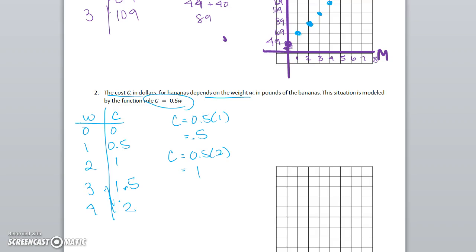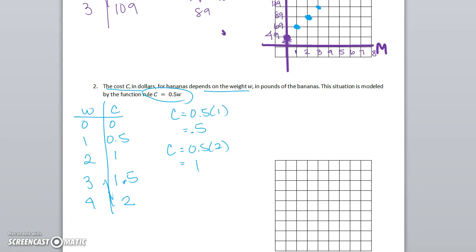So again, for this situation, because I can't deal with any negatives, I'm going to go ahead and make my first line right here. Oh, that's horrible. And again, this is your W, this is your weight, and this is your cost. So the more that I spend over here, the higher my cost should go.